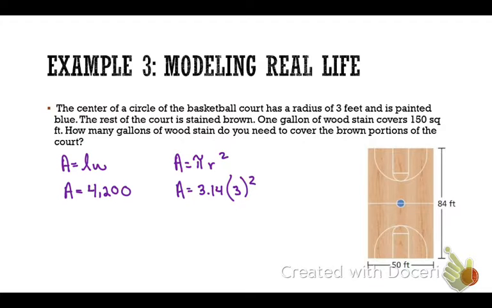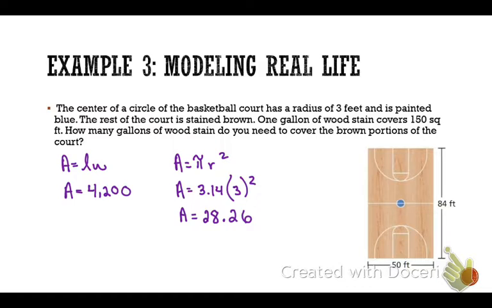So do I multiply first or do I do my exponent first? Exponent. So what's 3.14 times 9? A equals what? 28.26.